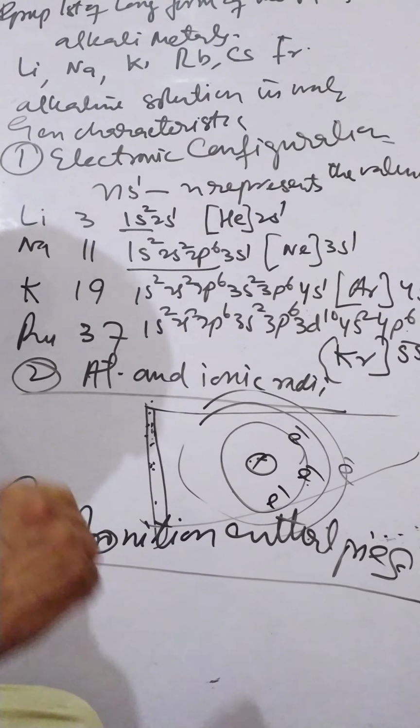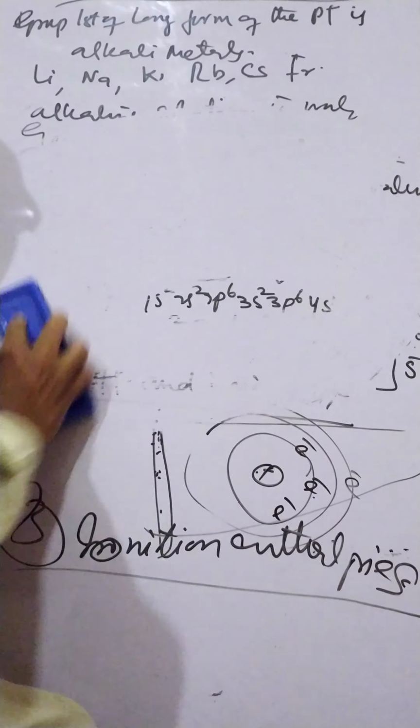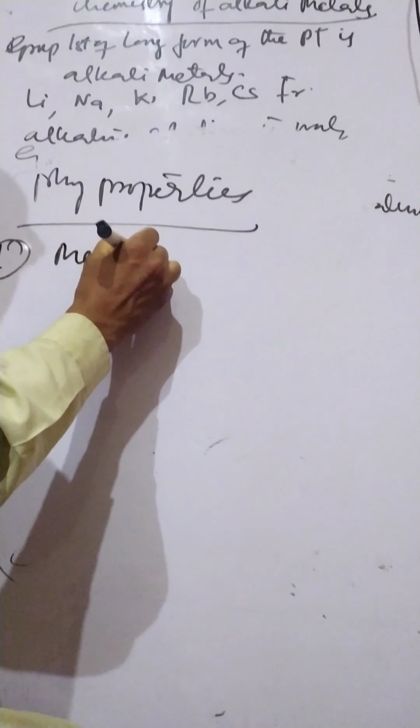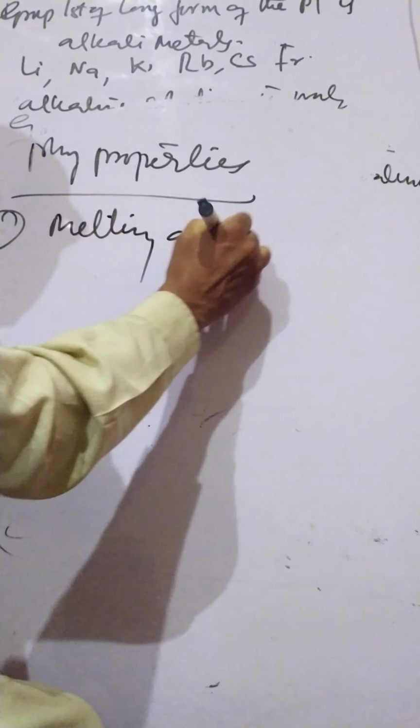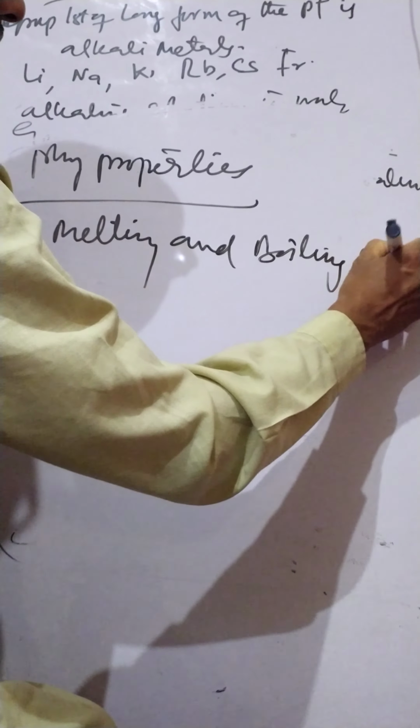Then let us discuss some physical properties of these alkali metals also. Number one is melting and boiling points.